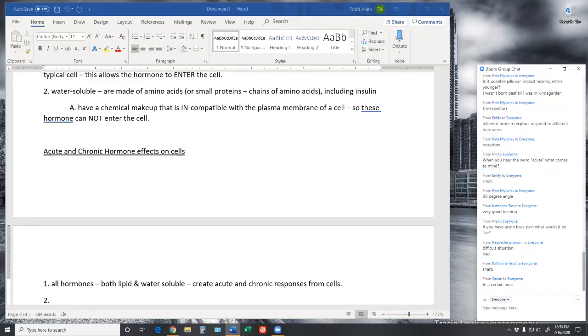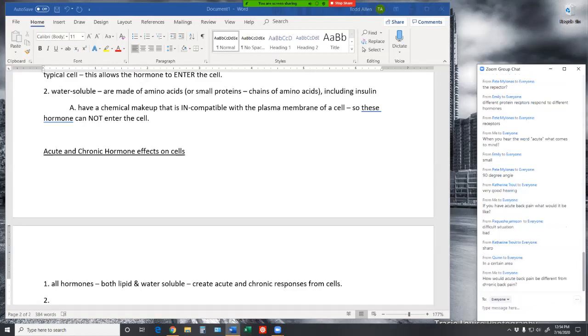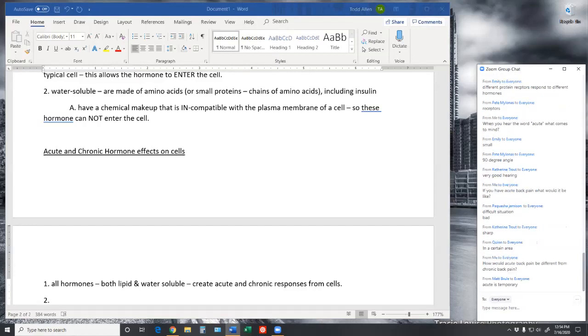All right, well, to try to continue to tickle this out of you, another question. How would acute back pain be different from chronic back pain? Okay, Matt, okay. That's what I'm trying to get at this time.